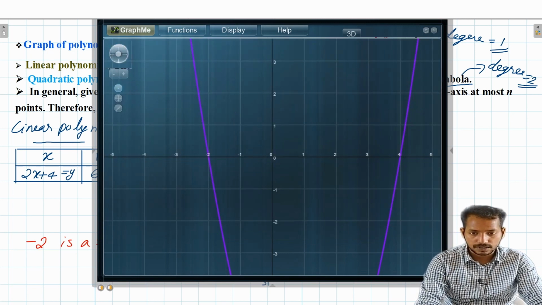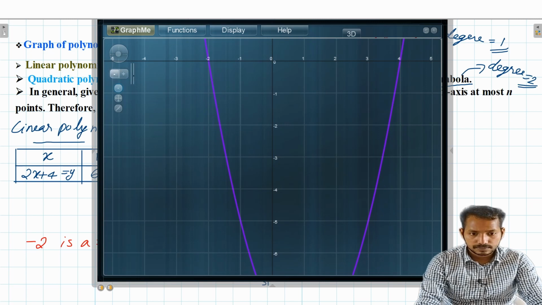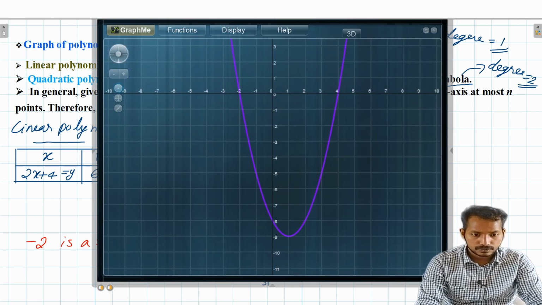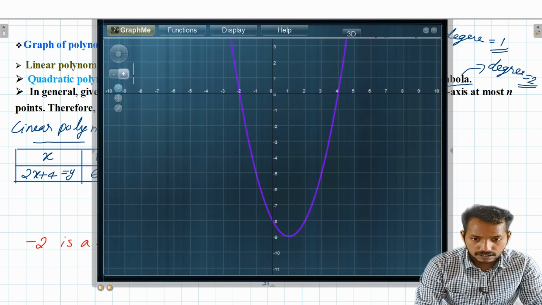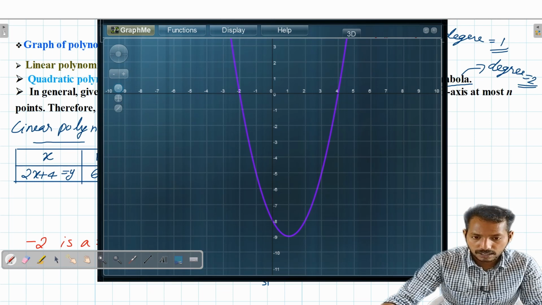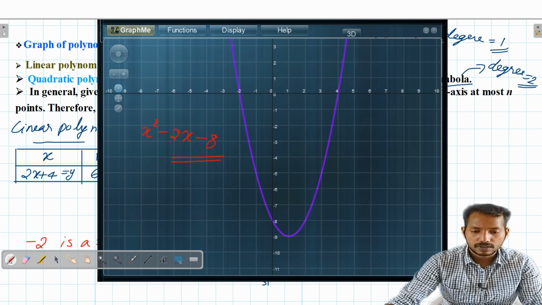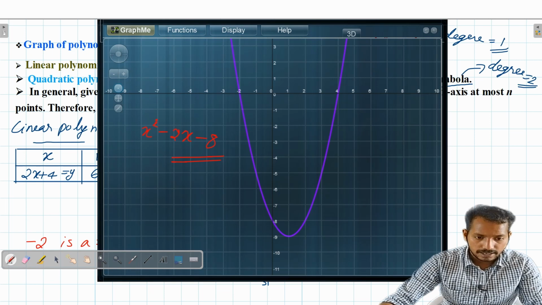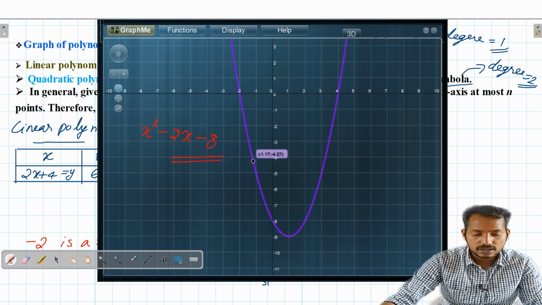You can see the shape of the graph here. This is the shape of the graph of the quadratic polynomial x square minus 2x minus 8. Clear? So in this case the graph is a curve, and this shape is called a parabola.